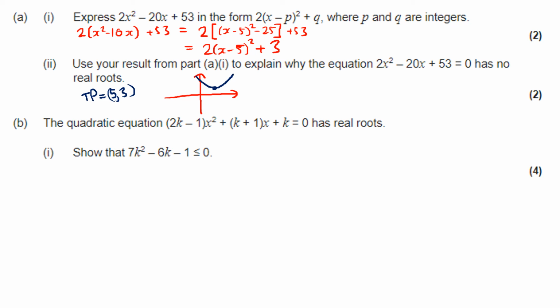So how would we explain this? Turning point maybe is above the axis. And we'd have to say it's a positive quadratic. And putting those two facts together, we can say it doesn't cross the x-axis.